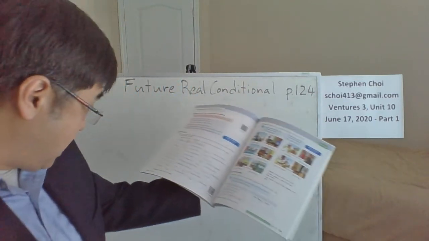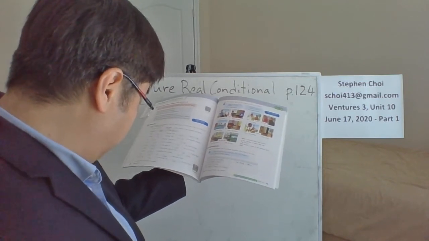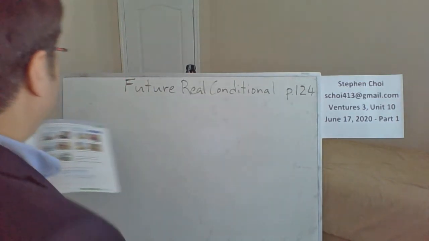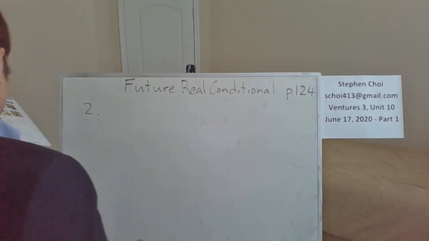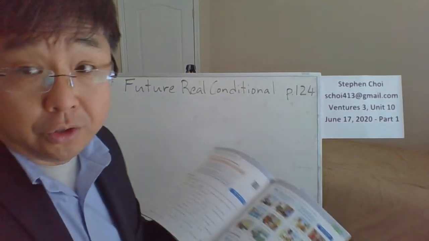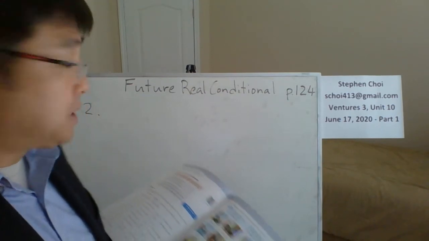If they get a discount, they reserve a room at a hotel. Okay, number two. So how do you do that? If they, that's the conditional, so that has to be what? That has to be simple present, right?